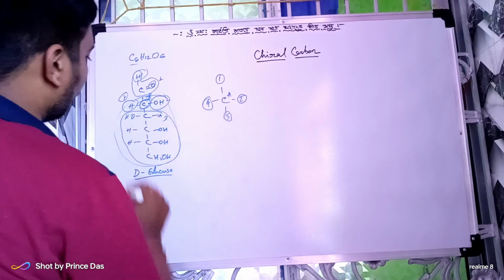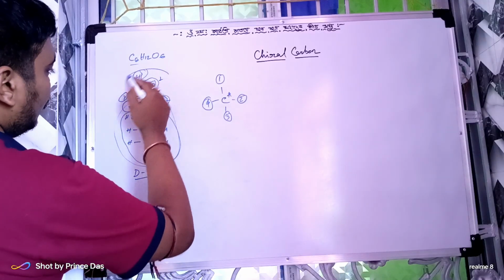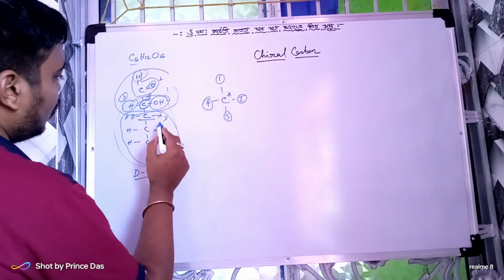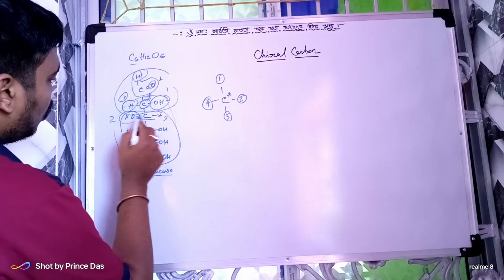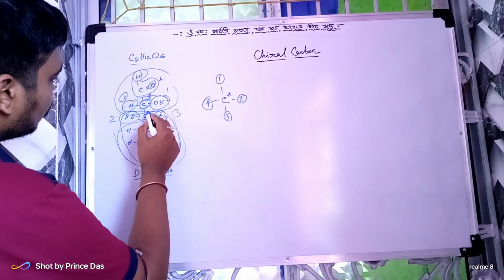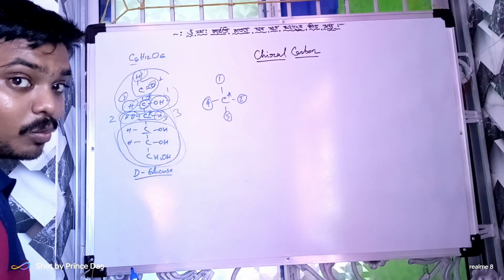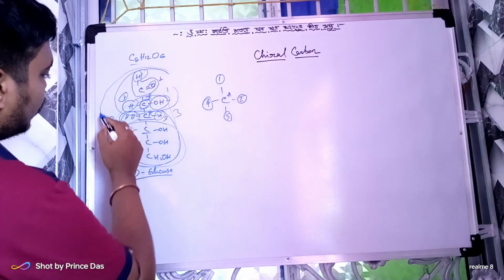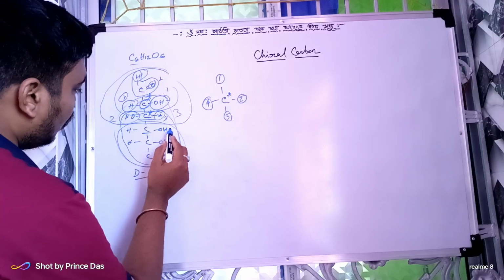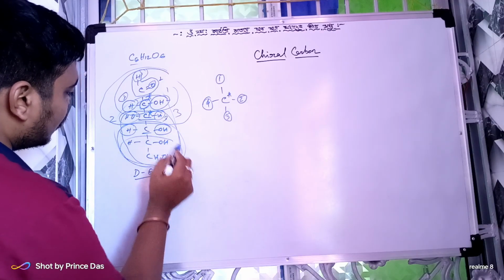This is a chiral carbon. Can you call this a chiral carbon? Let's see. This one is group 1, hydroxyl group 2, hydrogen group 3, another one, rest of this. This is also a chiral carbon. Can you call this a chiral carbon? Again apply the same rule. This 1, 2, 3, and rest of the others.